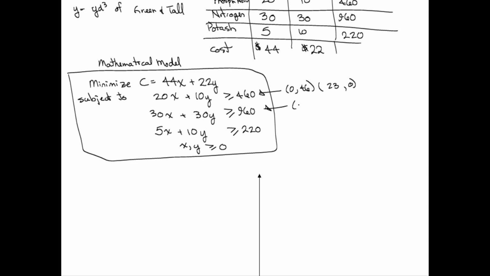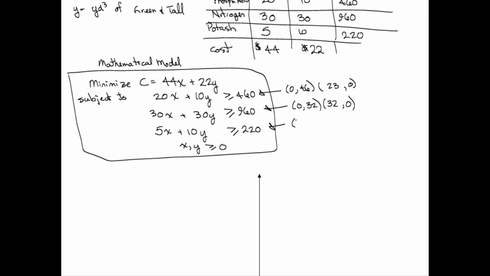Move to the next one. Put in 0 for our x. So think of this term as being gone. 960 divided by 30 will be 32. When we put in 0 for y, we're also going to get 32 for x.